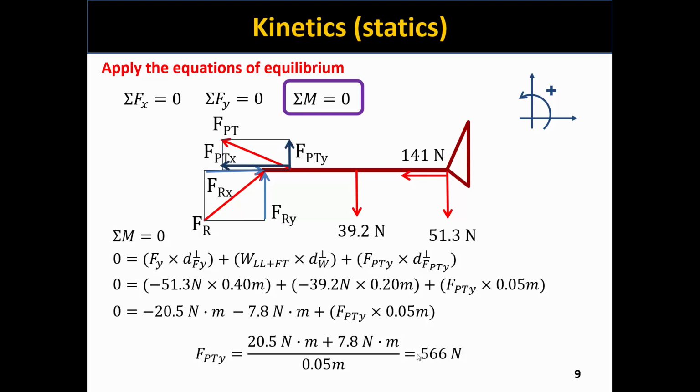And note that this is a positive value, and that agrees with the direction in which the patellar tendon force vector is drawn in our free body diagram. And so the 566 newtons is not FPT, but it's this short vertical component of the patellar tendon force.